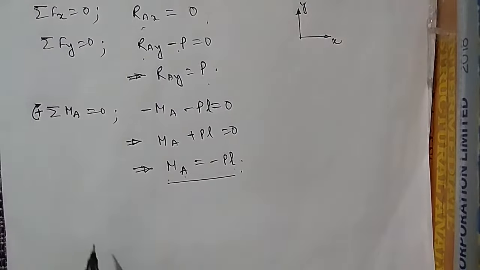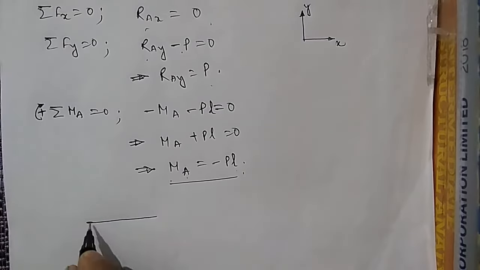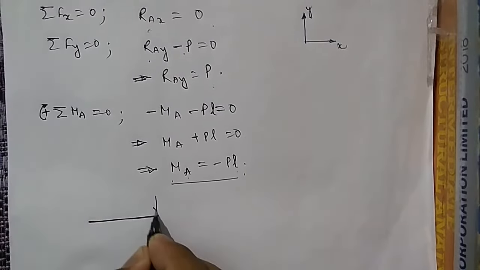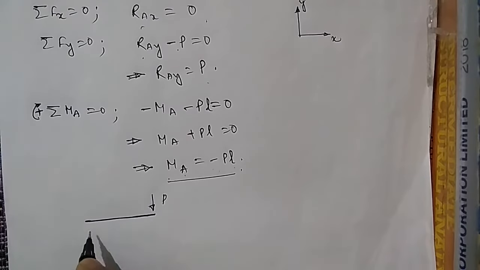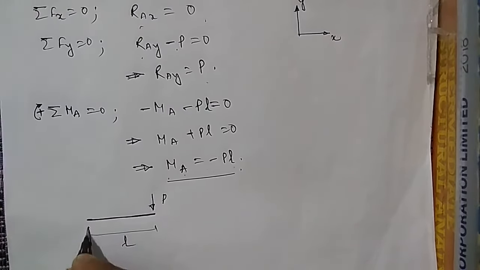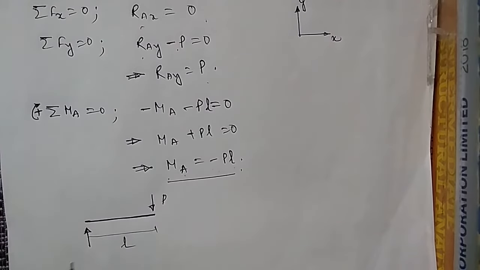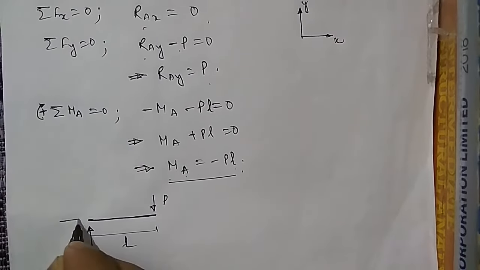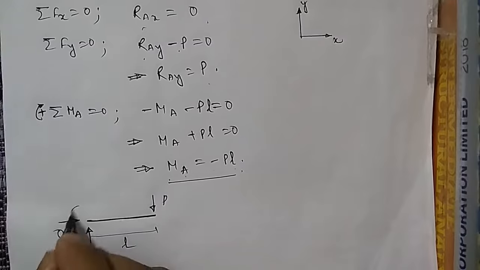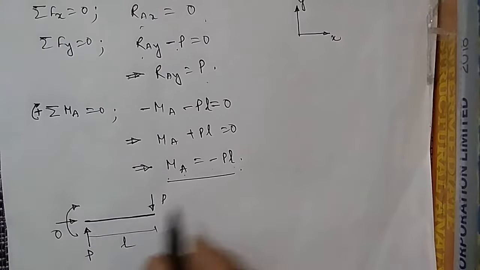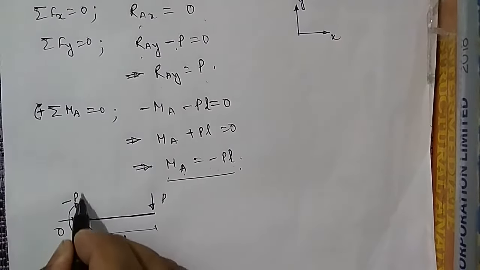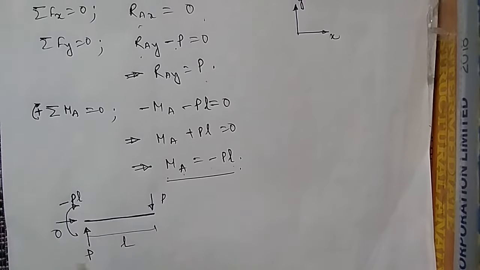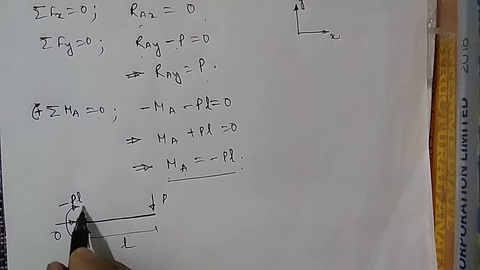The free body diagram of this cantilever beam is this. This is the P force and this is the L length. This force is P, this force is 0, and this moment is minus PL. Minus PL means in the opposite direction.